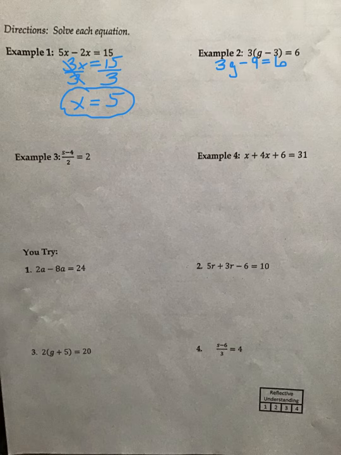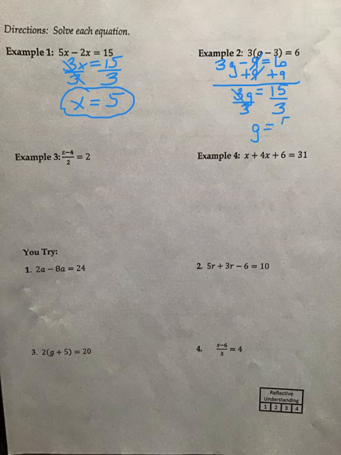Next, we're going to undo the subtracting 9 by adding 9 and adding 9. The 9's cancel out. 3g equals 15. Then we divide by 3, divide by 3, and g equals 5.